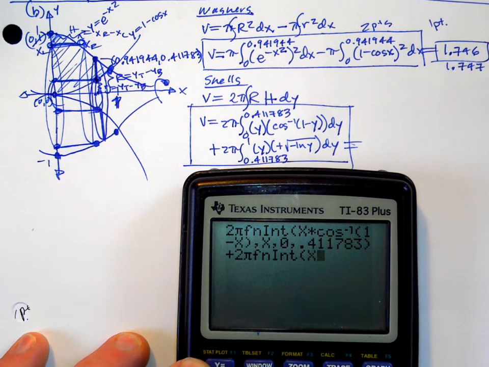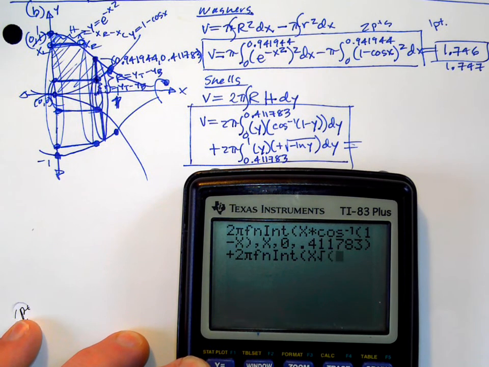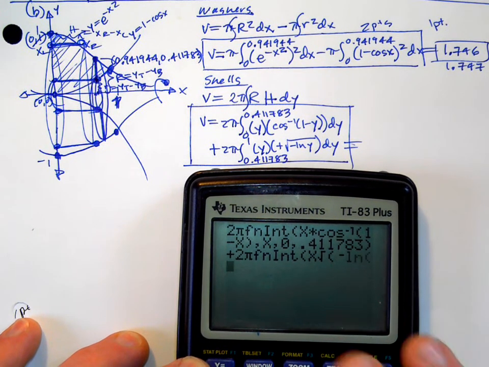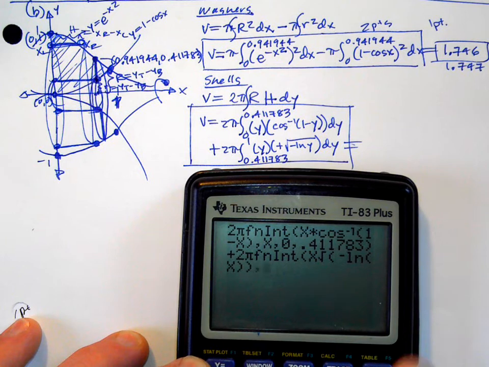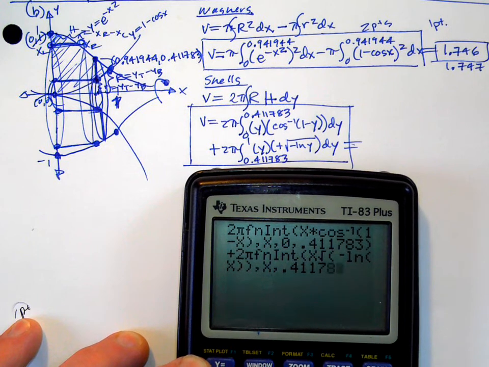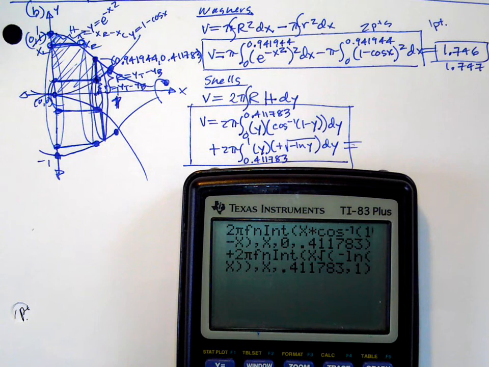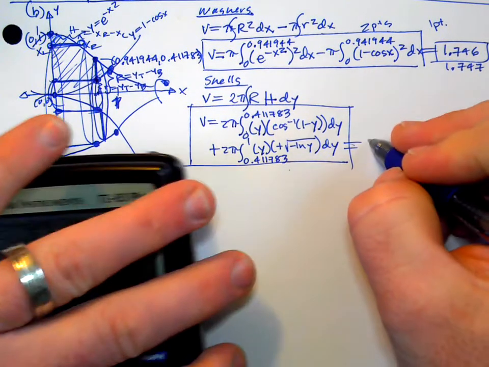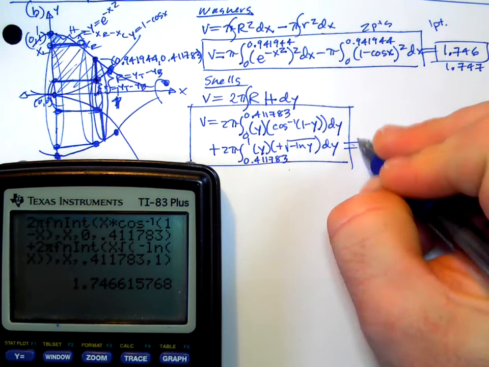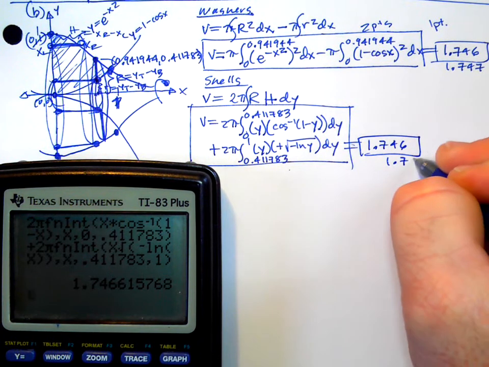We're putting x's for the y's, x square root of negative natural log of x, close, close, comma x, comma 0.411783, comma 1. That's a lot to type in. And we should get 1.746. There it is. 1.746. 1.747 if you round. Okay.